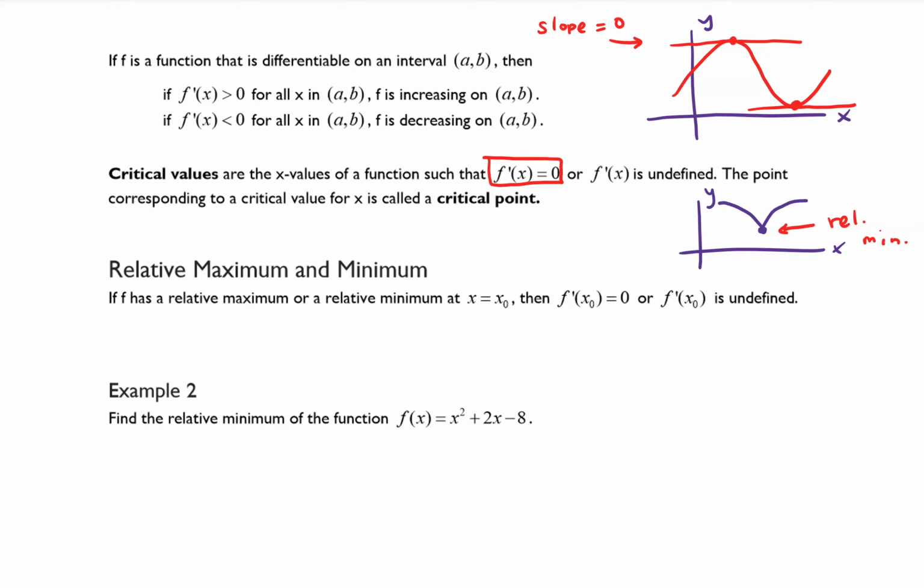So there's a relative minimum there. However, there's not a tangent line because we have a cusp here. So it's hard to draw the tangent line because of the way that it's cusped there. And so here, let's say this was some x value c, then f prime of c would be undefined in that scenario.